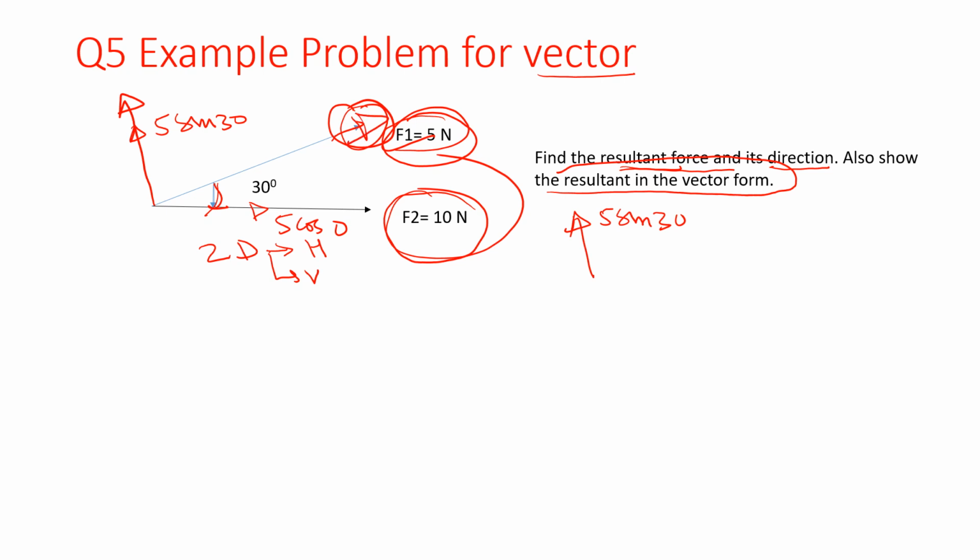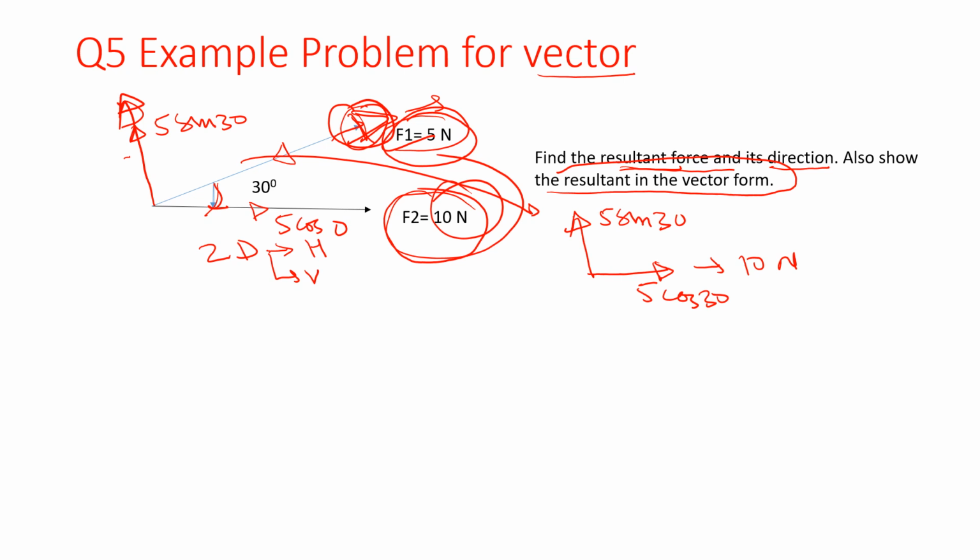If it is in this direction, it's going up. If it was in this direction, it would go down. Here, since it is towards the right, it has to go up. So these are equivalent. You have 5 cosine 30, and then you also have this 10 Newton in the horizontal direction.